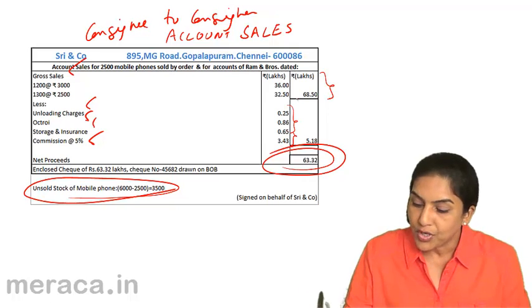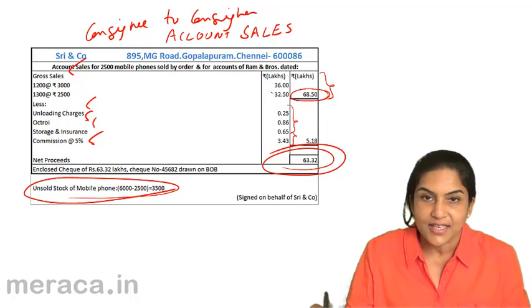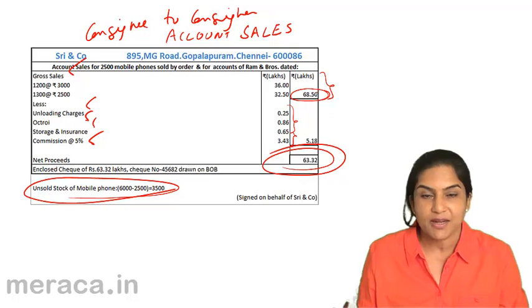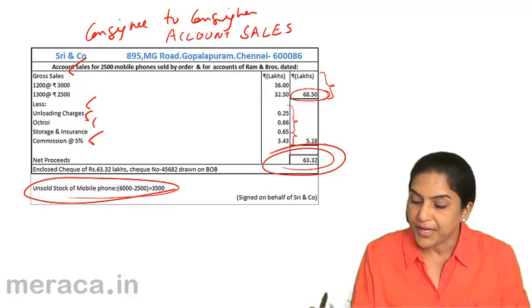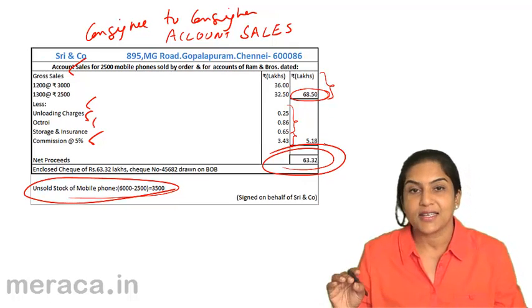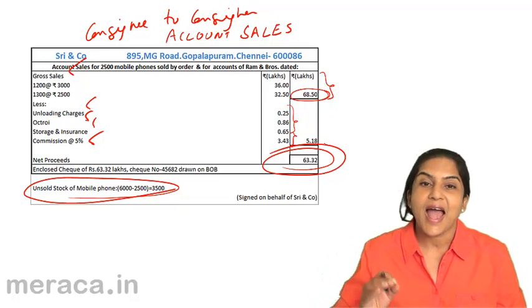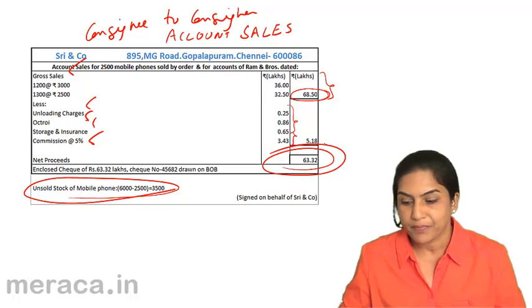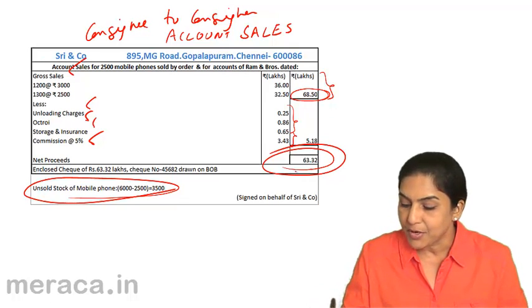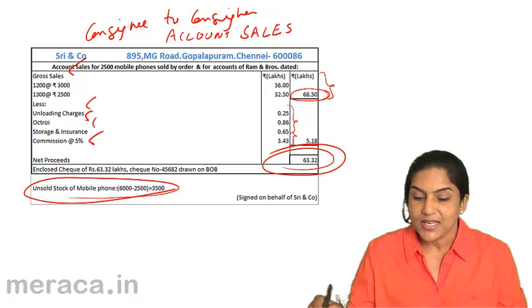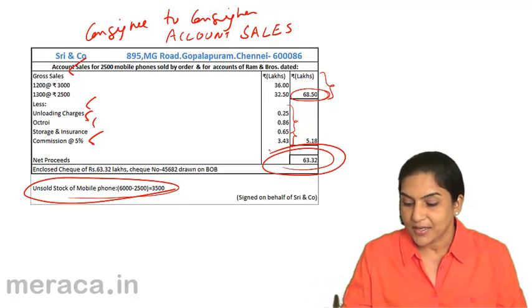So out of the total proceeds that the consignee has collected, in this example of 68.5 lakhs, 5.8 is the consignee's share of expenses as well, which need to be reimbursed, and commission which has to be paid to him. Therefore, only the balance amount of 63.32 lakhs is to be given to the consignor.